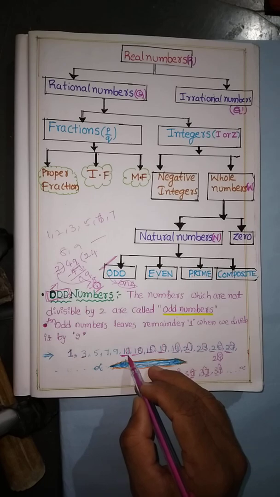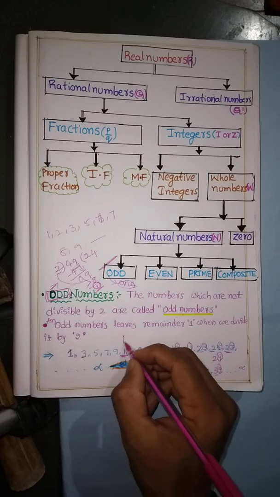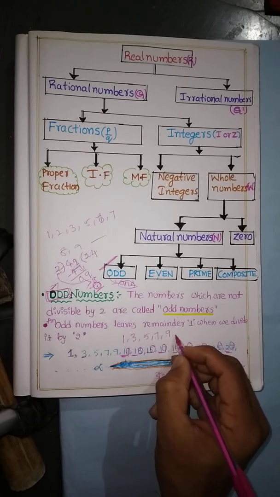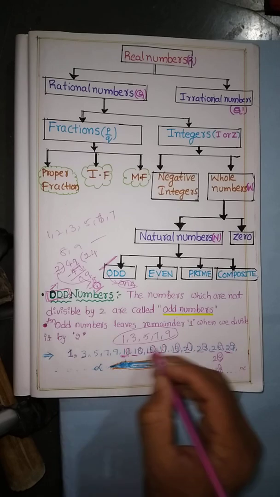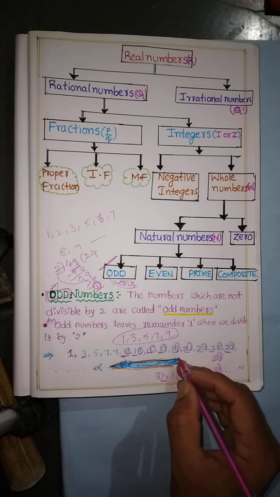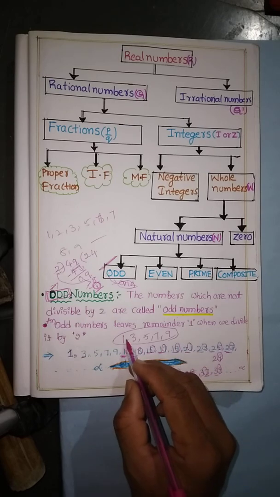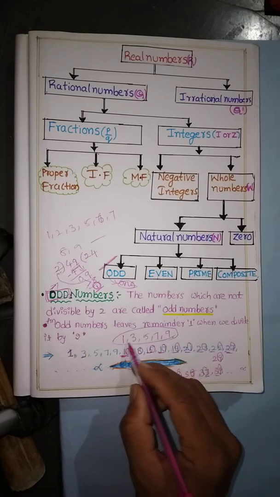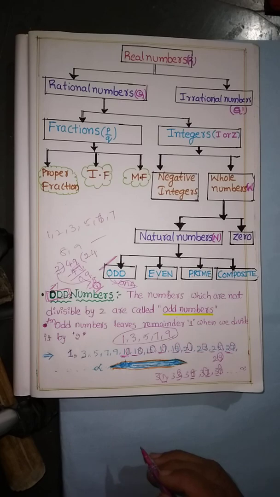If any number contains 1, 3, 5, 7, 9 in its ones place, then such a number is known as an odd number. It means odd numbers must have 1, 3, 5, 7, 9 in their ones place.